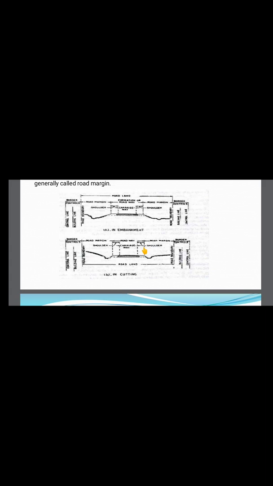In case of cutting, it is carriageway plus shoulder, then there is a drain, then road boundary, then building line and control line. You can see here. This is in the banking, this is in the cutting. In cutting, again the slope has been provided here so that the water should move through this.